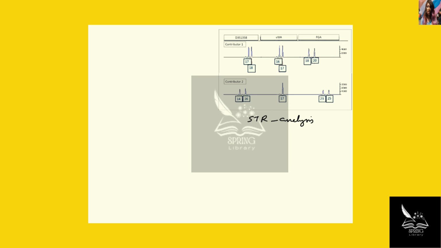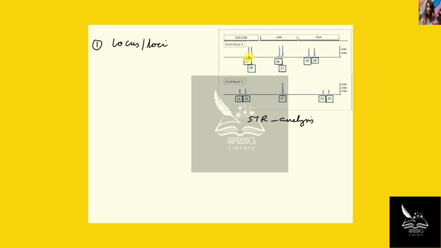this chart. The locus or loci refers to a specific location on the chromosome where a particular gene or genetic marker is found.